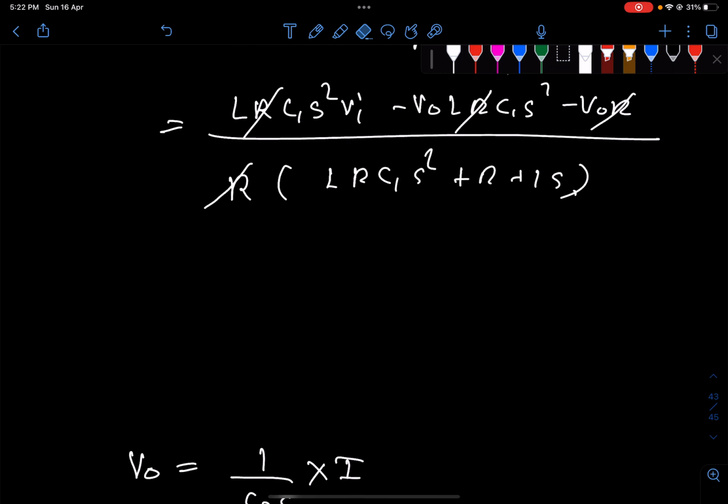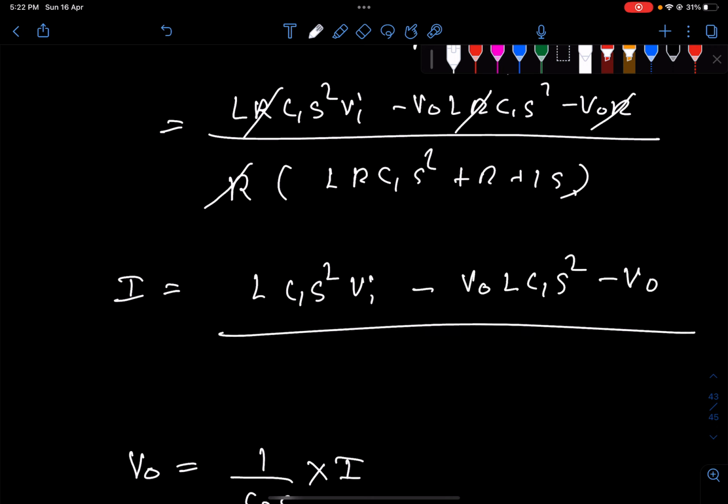So what is our current? Current will be L C1 S square VI minus V0 L C1 S square minus V0 LR C1 S square plus R plus LS.